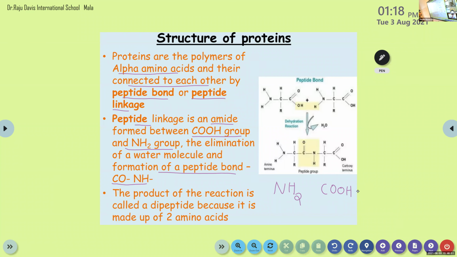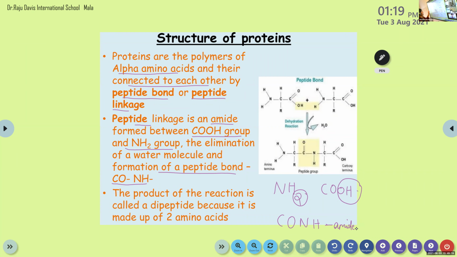One water molecule is removed from this, and here CONH is formed. From here this OH and here one H is eliminated, then CONH. This one is known as amide. So, this bond is known as peptide bond or peptide linkage.